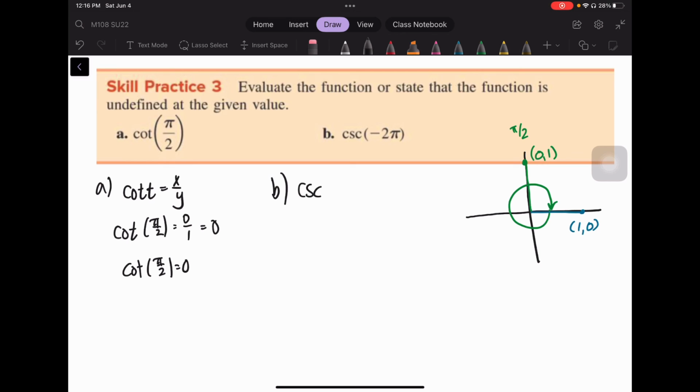Cosecant is the reciprocal of sine, and sine is y, so it's going to be 1 over y. And at the point 1, 0, y is 0. So the cosecant of negative 2 pi is equal to 1 over 0, which doesn't work. So the cosecant of negative 2 pi is undefined.